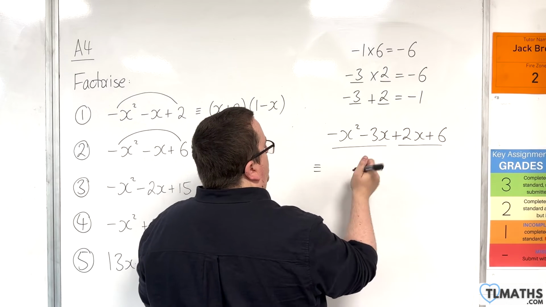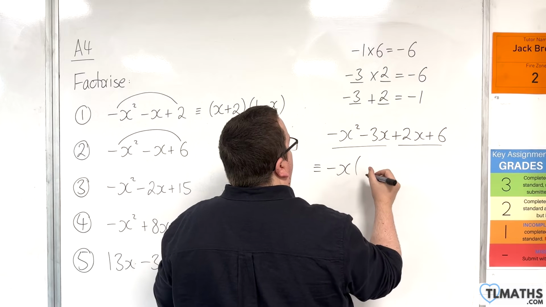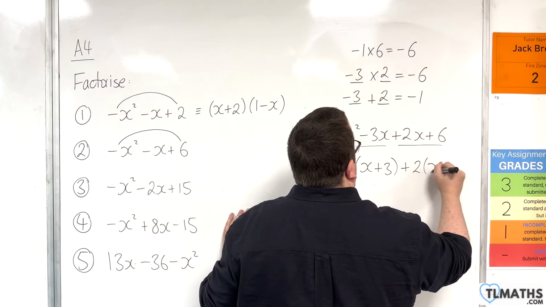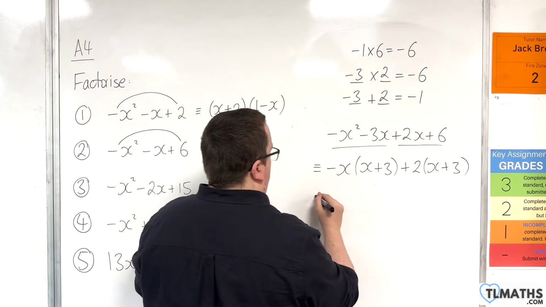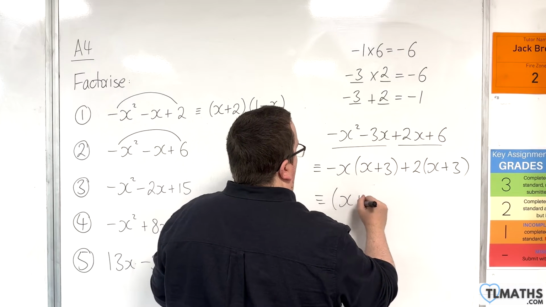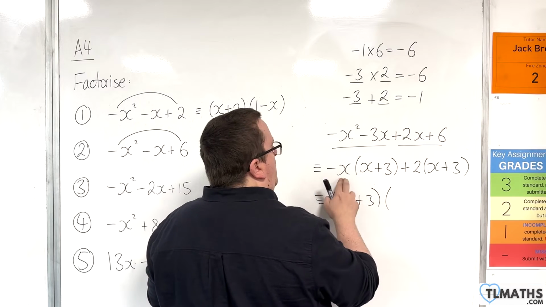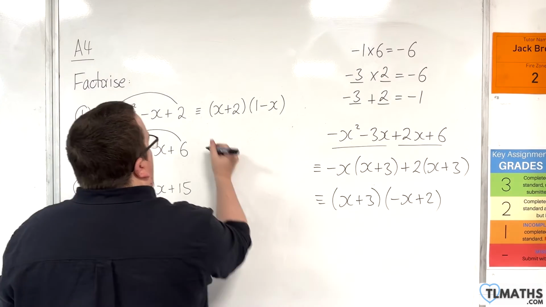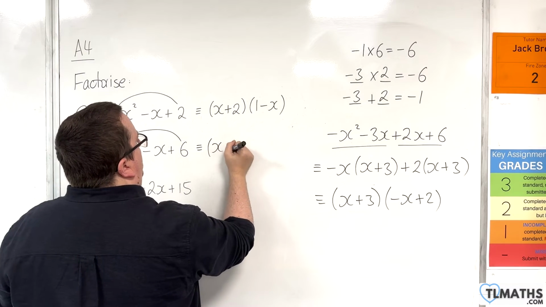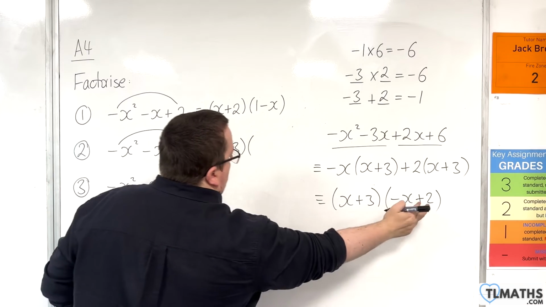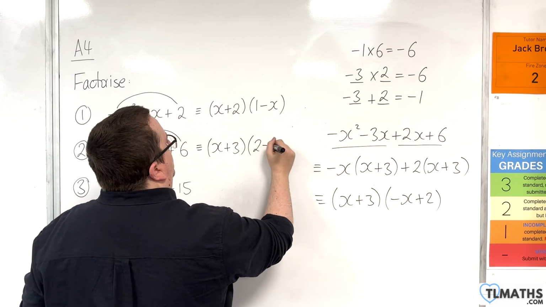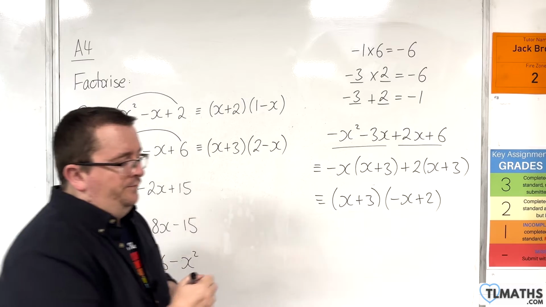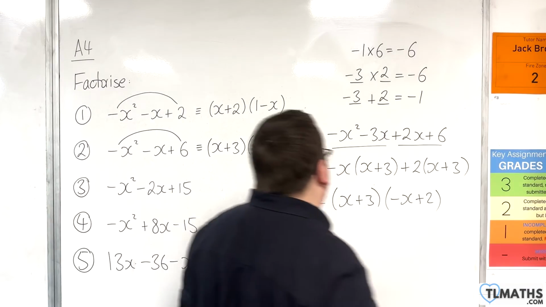Factorise the first half, factor out minus x, and we're going to have x plus 3. And then we've got two lots of x plus 3. So one bracket is x plus 3, the other bracket is minus x plus 2. And I can write that as x plus 3 times, rather than writing that, 2 take away x. So just reorganising those two terms. That's neater.